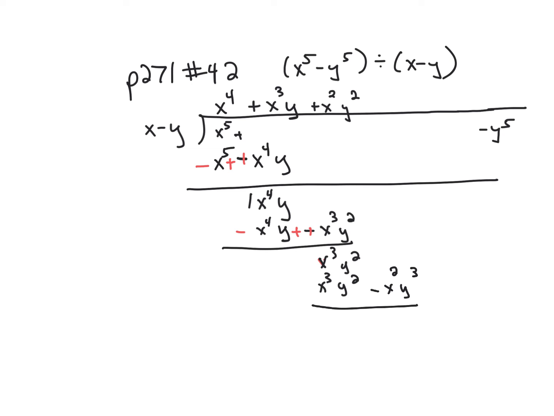I'm going to subtract, so minus, and that turns into plus, and I get just an x squared y cubed because this is 0.